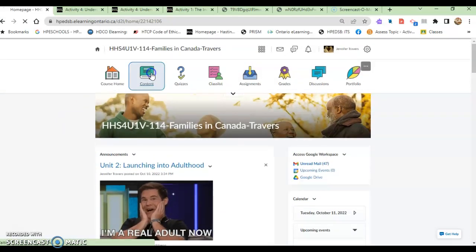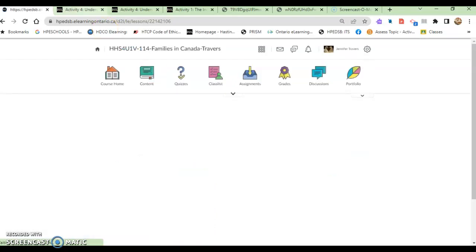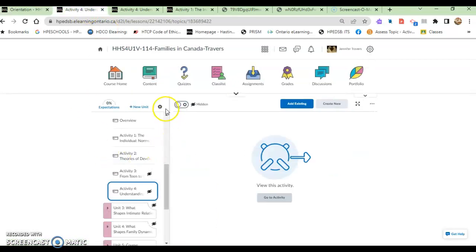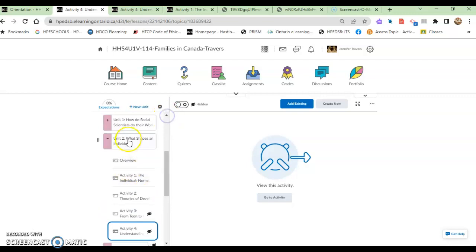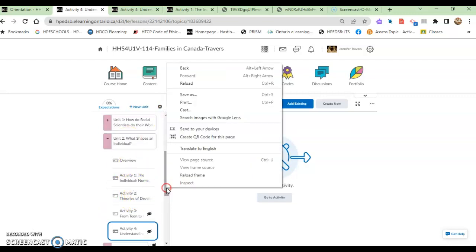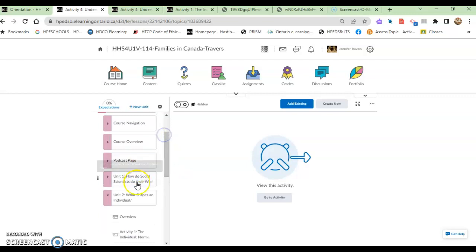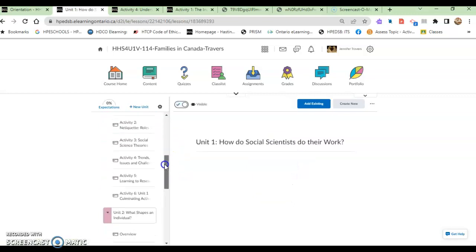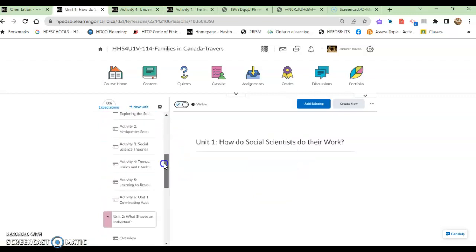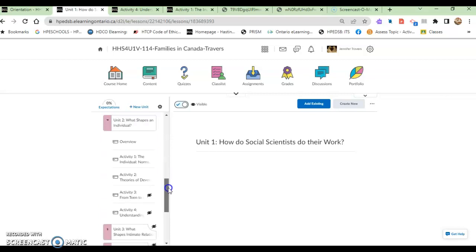I just wanted to go through a few things about what Unit 2 is all about. When we click on content, you will see Unit 2, activities 1 and 2 are open. There are only 4 activities in this particular unit, unlike Unit 1, where there was a large number. We are only looking at 4 activities; it's greatly reduced.